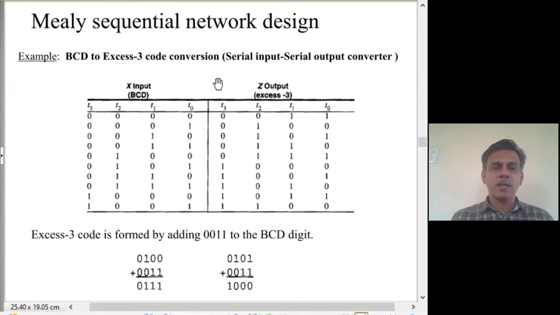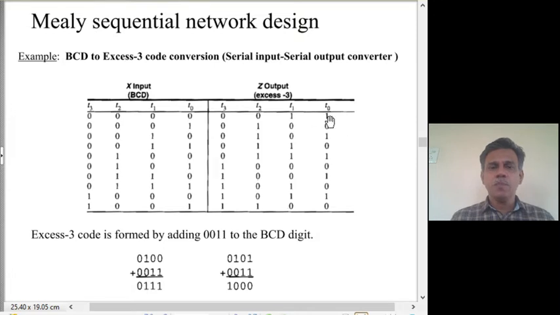go inside and outside the circuit, at the time T0, the LSB of the input has to be fed. So as I have already mentioned, we will call this bit X0, next X1, X2 and X3. Similarly, the output Z is encoded as 4 bits.